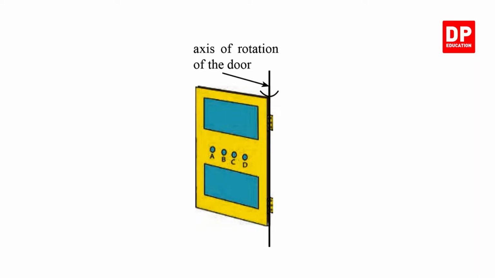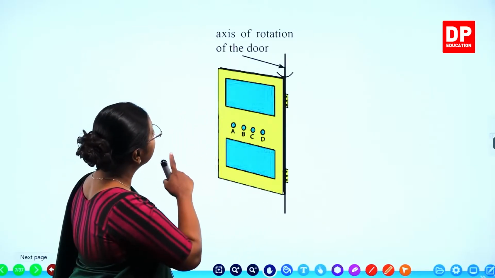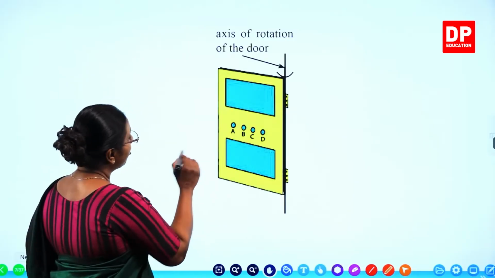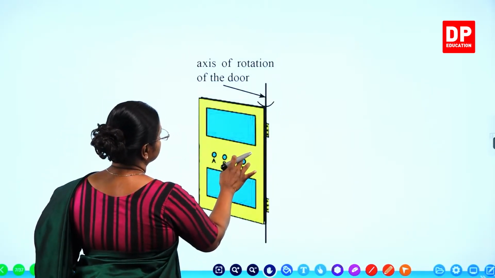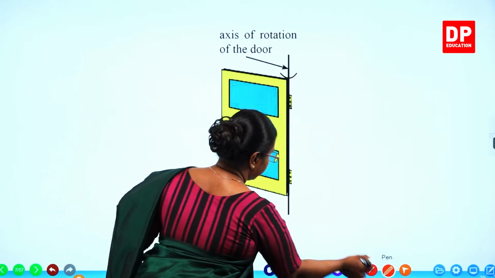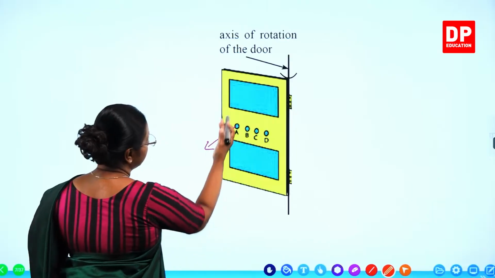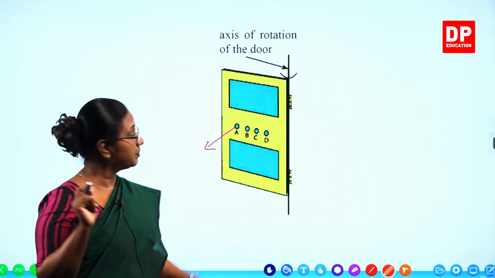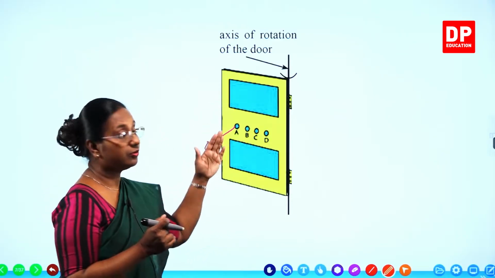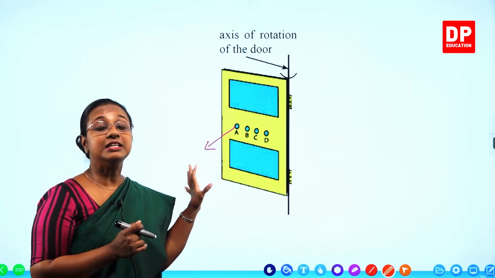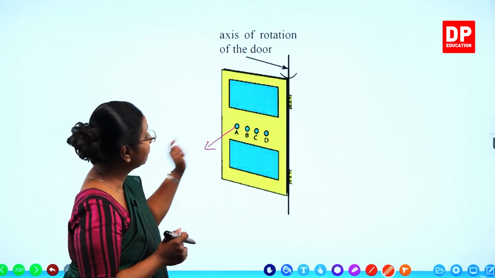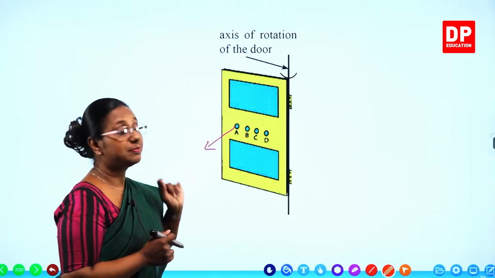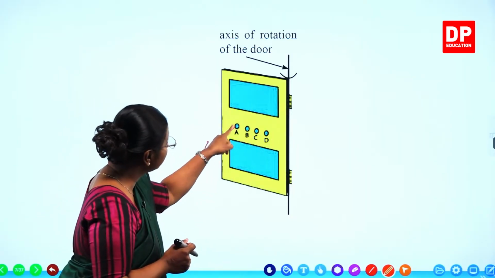So then, here again, the picture is given to you to show you what happens. As I told you, this is the imaginary line, that is the axis of rotation. So you are going to apply the force here. Say we pull the door open and that is going to be a perpendicular force, perpendicular to the door. So the door is going to rotate this way. And that is the turning effect, and the product between the force applied and the perpendicular distance between the point of application.